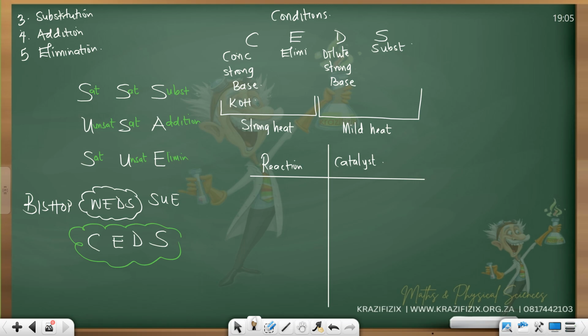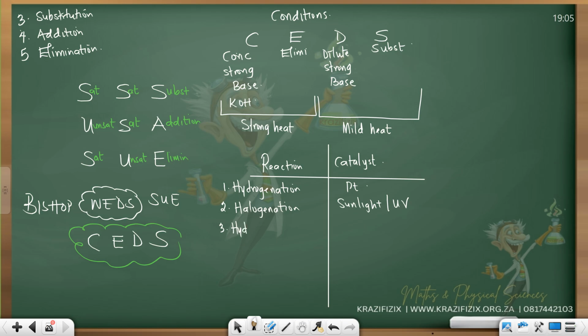All right, what are the reactions? Number 1, hydrogenation. What is hydrogenation? If I am adding hydrogen, it's hydrogenation, all right? And that will be platinum. Number 2, halogenation. They are all on the cards. That is sunlight or ultraviolet ray, UV.